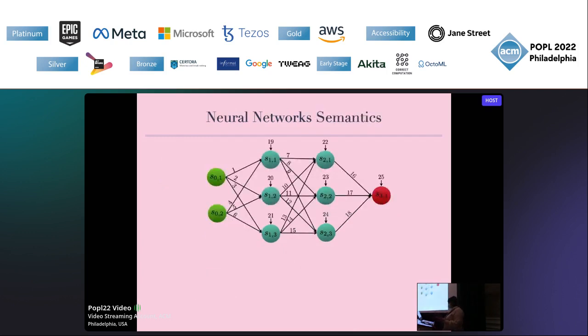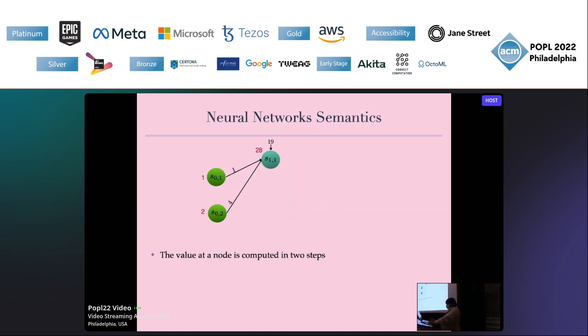So the semantics of neural networks, the computation of a neural network essentially happens by giving some values to the input layer and propagating those values layer by layer towards the final layer. And the value at a particular node is computed in two steps. The first one consists of a linear transformation, which is essentially a weighted sum of the values of the nodes at the previous layer.